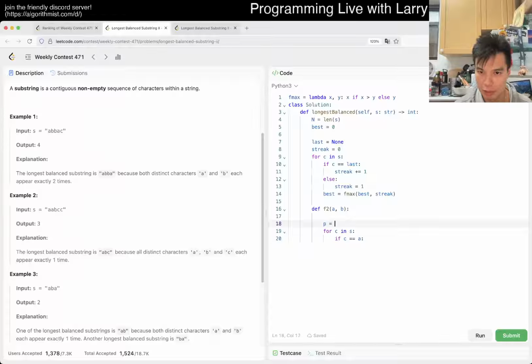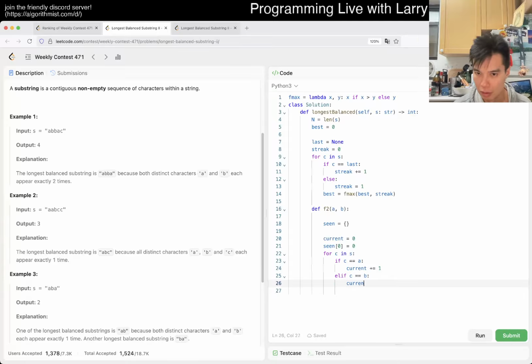So P, the prefix, is equal to 0. C is equal to maybe -1. I always forget how to structure these. Okay. Else.